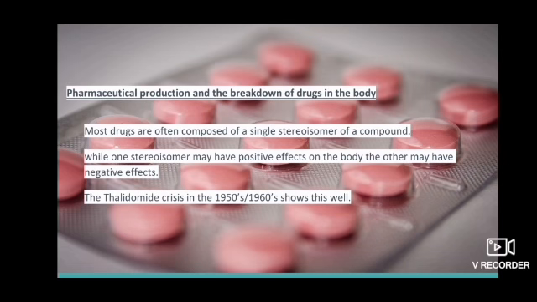A racemic mixture is a mixture containing 50 by 50 both mirror images of one stereoisomer, due to which one causes a positive effect on the body and the other one causes a negative effect on the body. This shows that the combination of both causes both positive and negative effects on the human body.